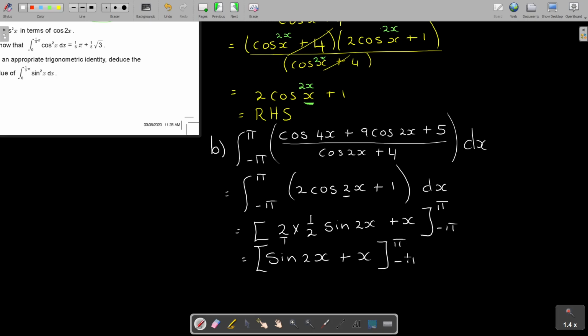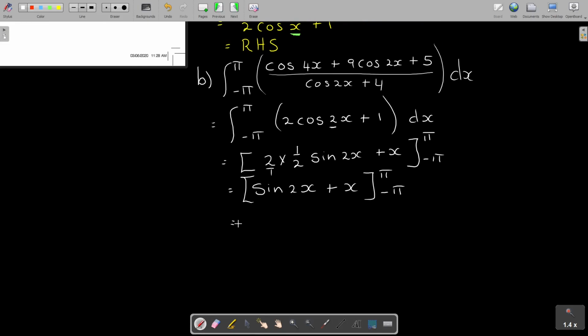And it didn't have the influence then. Okay, so I'm going to then put it in. So it's going to be sin 2 pi plus pi, that's in my first one, minus, in my second one, is sin 2 negative pi plus negative pi.